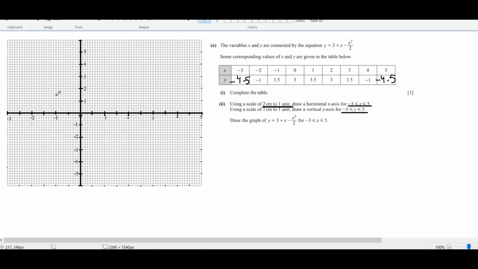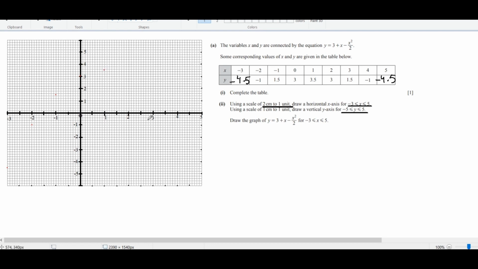Okay, and then 0, 3. So 0 on the x-axis and 3 on the y-axis. 1, 3.5. So x-axis 1 and then 3.5 should be somewhere around here between 3 and 4.